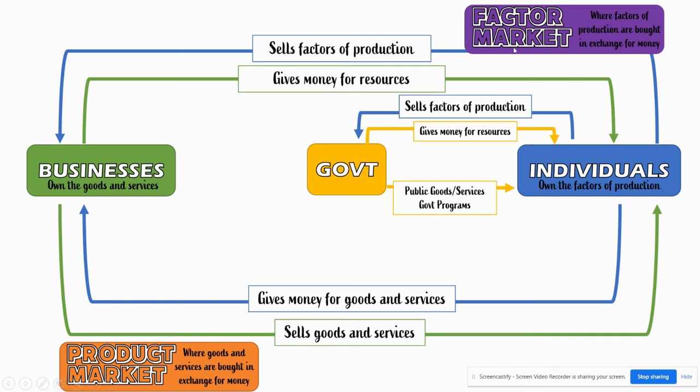Now, when the government buys resources, they're using them for the things that they're providing for the people in the country. So anytime we have those goods and services, that would be anything that everybody has access to, and one person's use doesn't take away from somebody else. Like parks and the post office and roads and schools, and all those things, they use those resources to provide those.